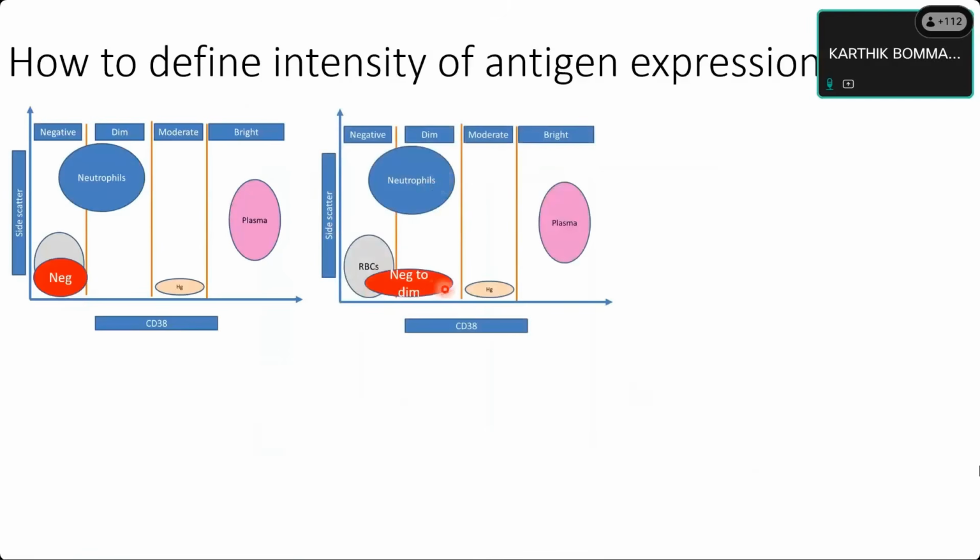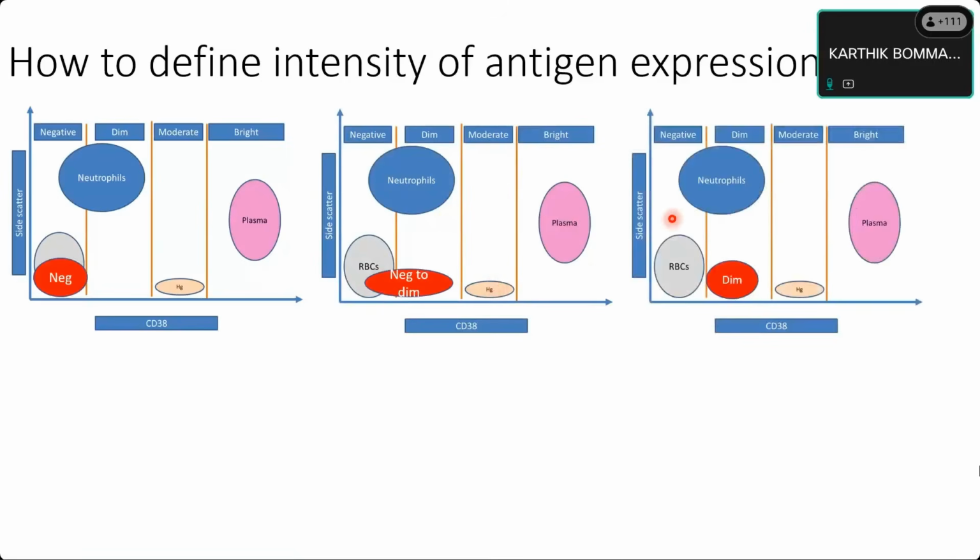It's not reaching up to the level of hematogones; reaching up to the level of hematogones is called moderate. And if the cells of interest have expression intensity as good as my neutrophils, but not overlapping with my red blood cells or my hematogones, this is called dim expression.